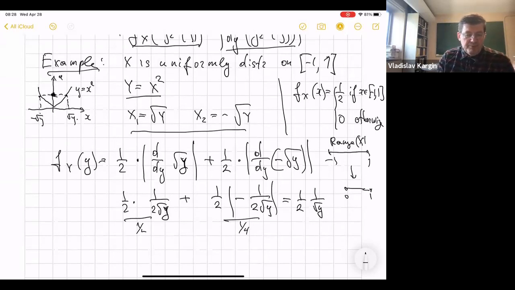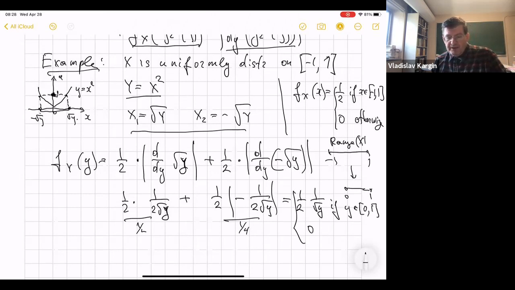The interval from -1 to 1, if you take the square, goes to the interval from 0 to 1. So the answer will be 1/2 times 1 divided by square root of y if y is in the interval 0 to 1, and 0 otherwise.